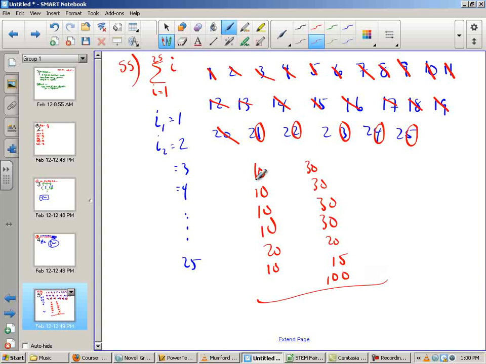Now if I add all these up, 1, 2, 3, 4, 5, 6, 7, 8, 9, 10, plus 9, so it's 19, 23. So now I got all confused. Well, anyway, we add all of them up. Use your calculator, or do it by hand. It doesn't really matter. When you add them all up, you should end up with 325.